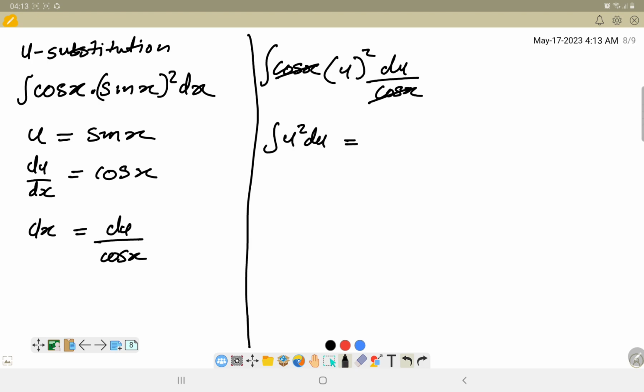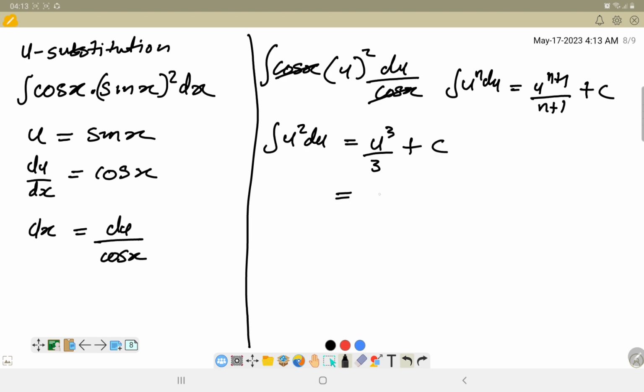Applying the formula for the integral of u to the power n du, which gives u to the power n plus 1 over n plus 1 plus c, our n is 2. So the answer will be u to the power 2 plus 1, which is 3, over 3 plus c. So now we can replace u back by sine x: sine x to the power 3 over 3 plus c.